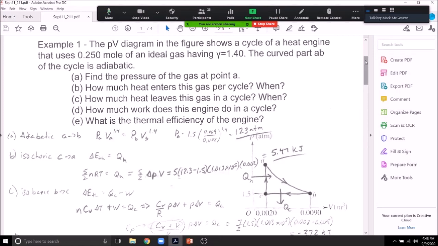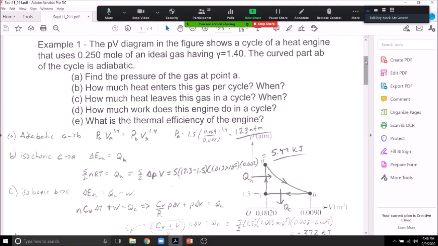So A to B is an adiabatic process, and if you remember, there are a couple different relationships for adiabatic processes, one of which is a relationship between P and V. There's technically three: a PV relationship, a PT relationship, and a VT relationship. Well, we want the PV relationship, so it's PV to the gamma power. One side of the equation is for A, one side is for B. We have that information.